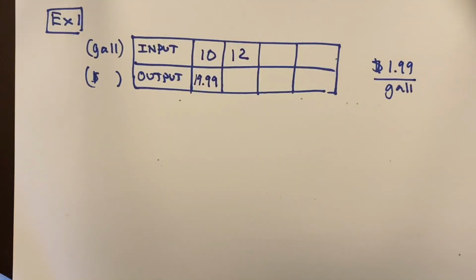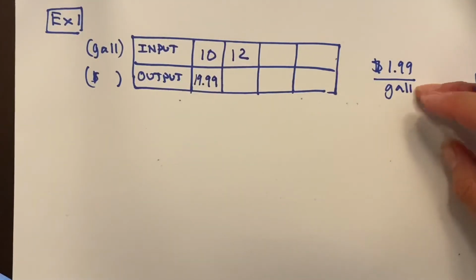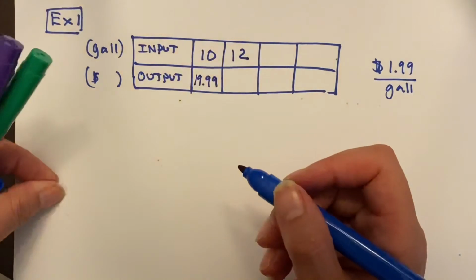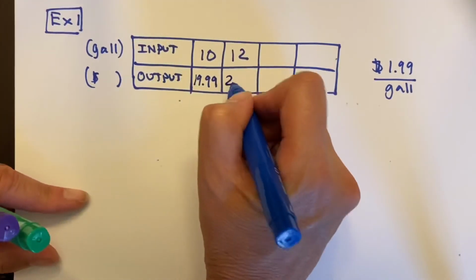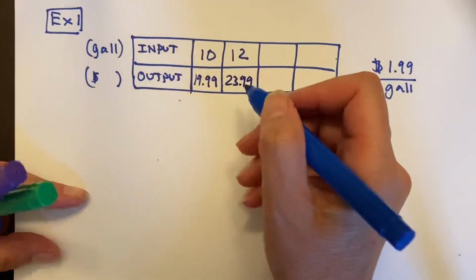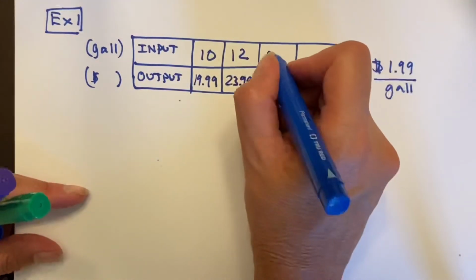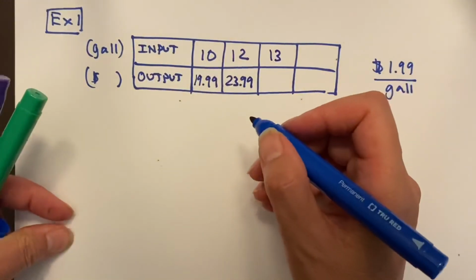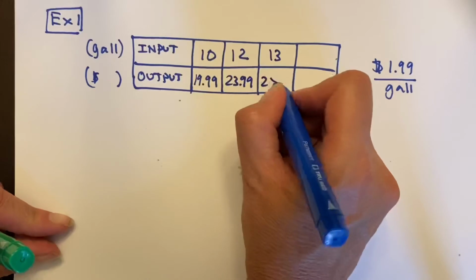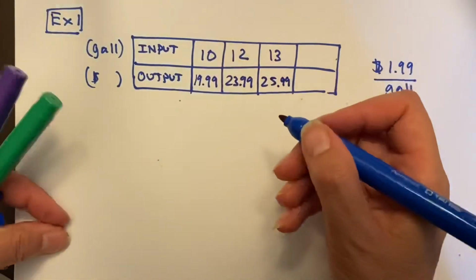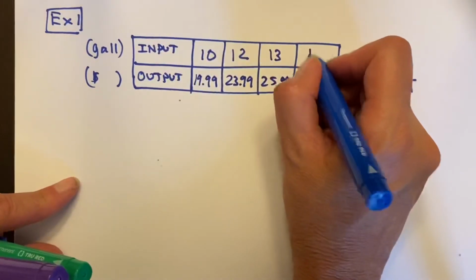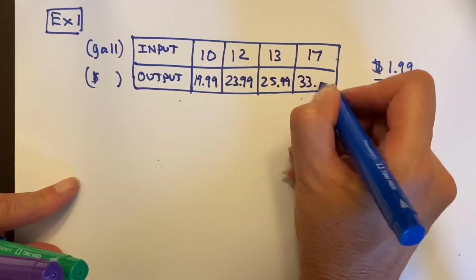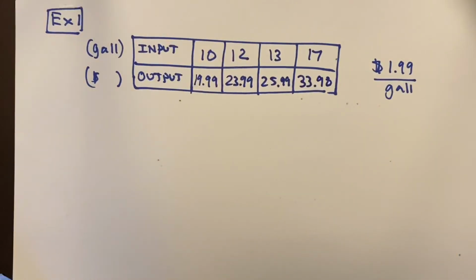Well, I'll find if I multiply 12 times $1.99, that I'm going to end up having to pay $23.99. If I put 13 gallons in, I'm going to have to pay $25.99. And if I put 17 in, I'm going to pay $33.98.